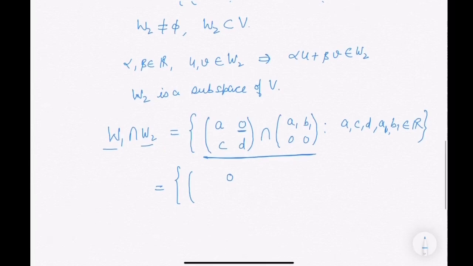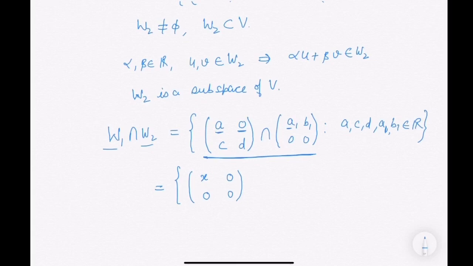And in W2, the bottom two entries are 0, so they remain 0. And the non-zero entry is the first element in W2 and the first element in W1. So it may be, suppose we write X here.